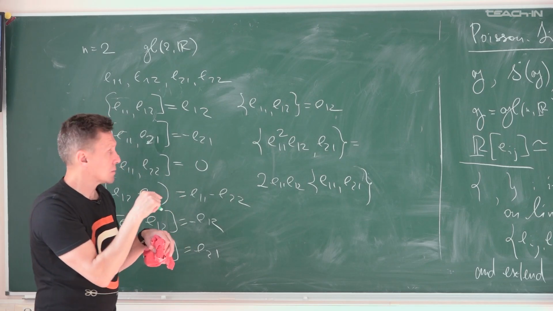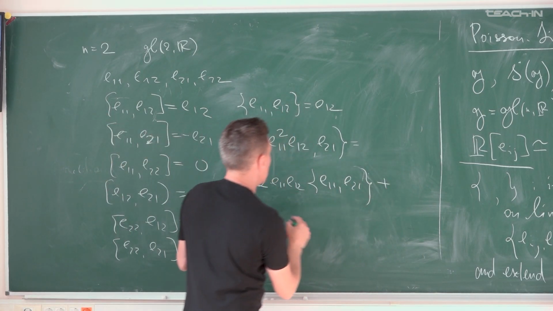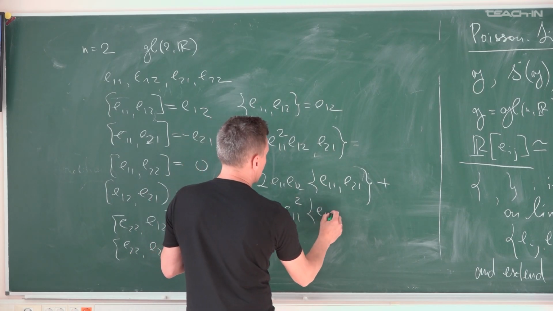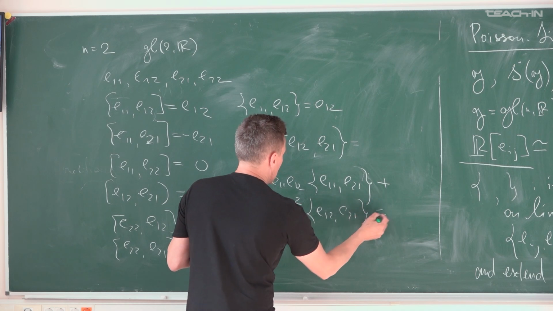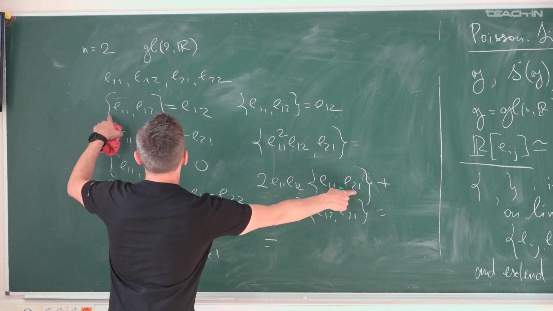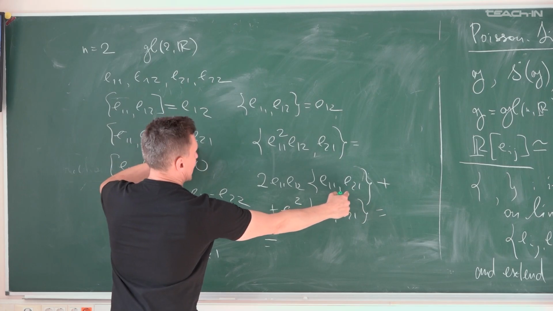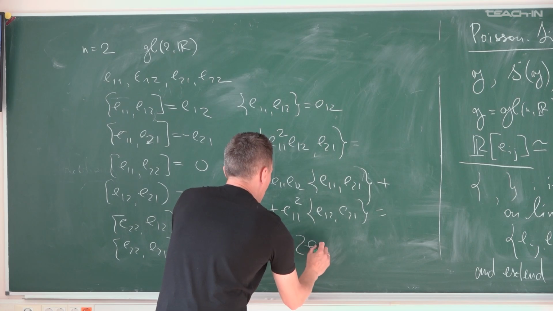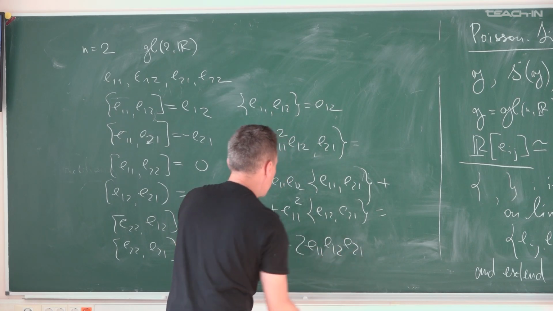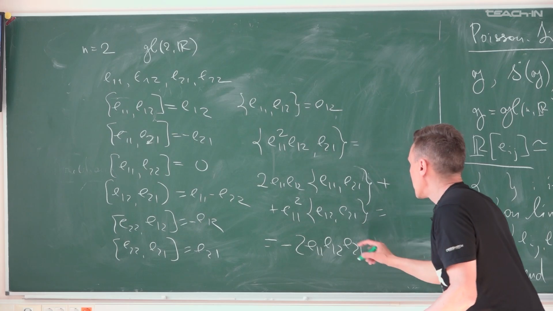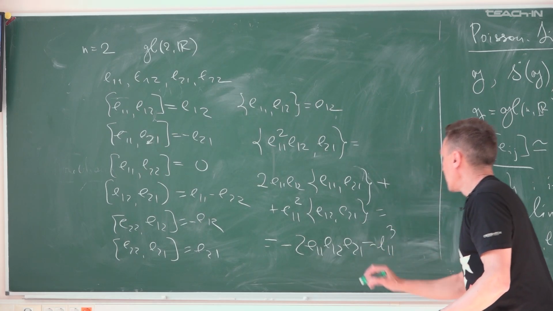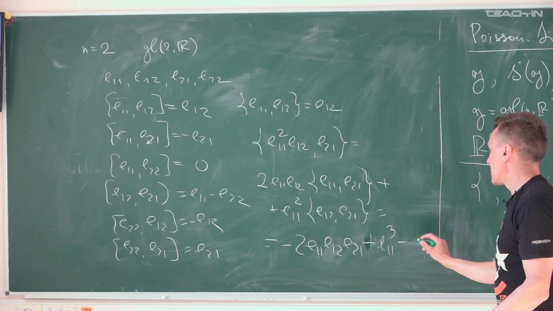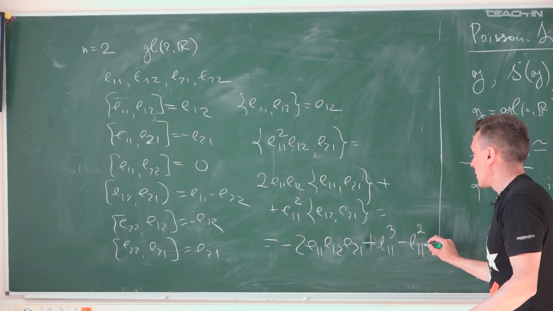Plus E_11 squared and E_12 E_21. This is minus E_21, minus 2 E_11 E_12 E_21, and this is E_11, plus and minus E_11 squared E_22.